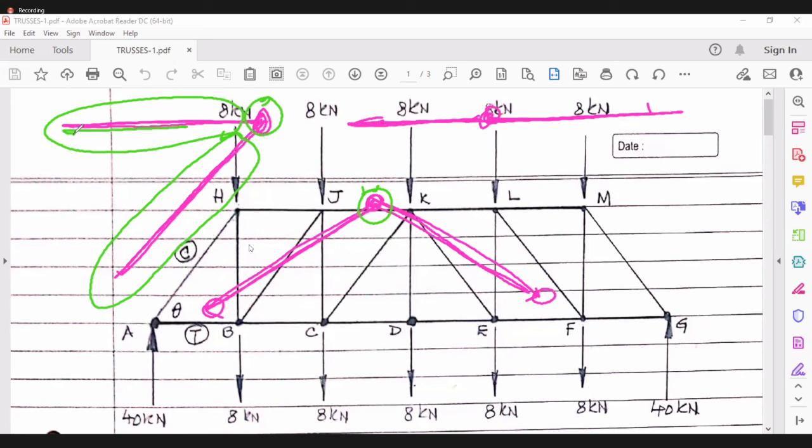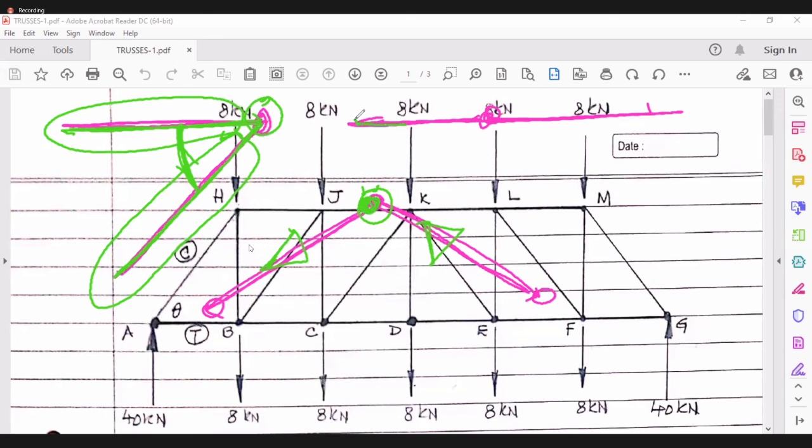Because two vectors having a non-zero value and meeting each other at an angle other than 180 degrees, their sum can never be zero. Here also, this may be in tension and this may be in compression, or both may be in tension. Whatever you take, the net sum will not be zero.